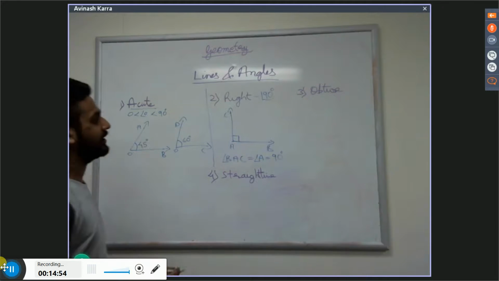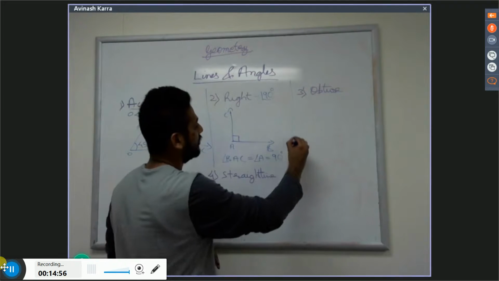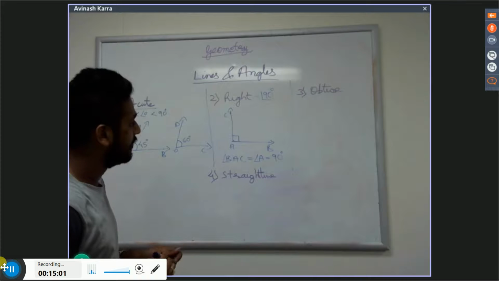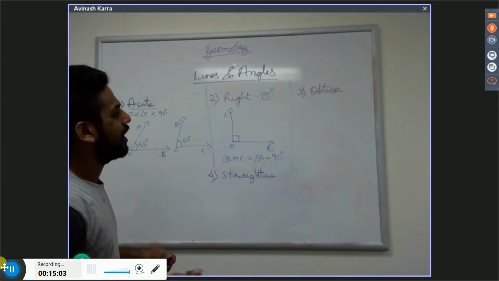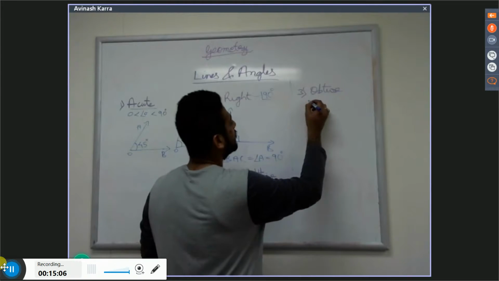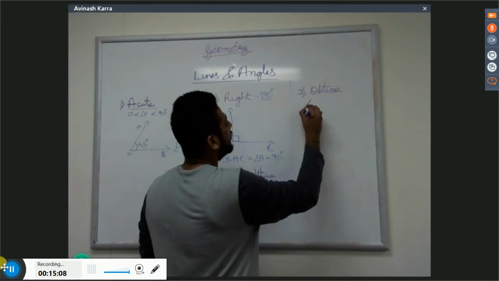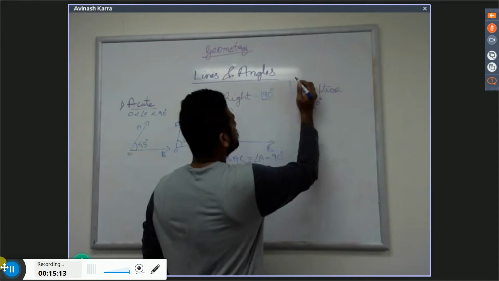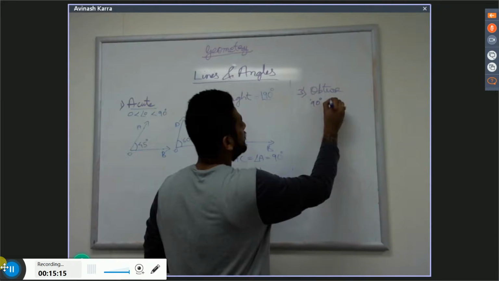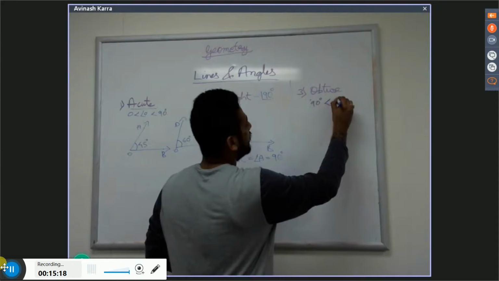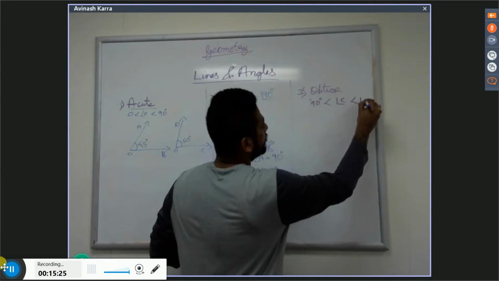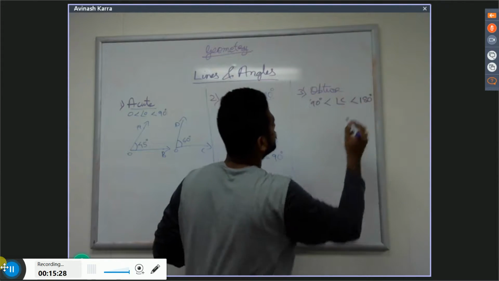Next, coming to obtuse angle. So simple. An obtuse angle is nothing but an angle that lies between 90 degrees and 180 degrees, that is, 90 degrees less than angle C less than 180 degrees.